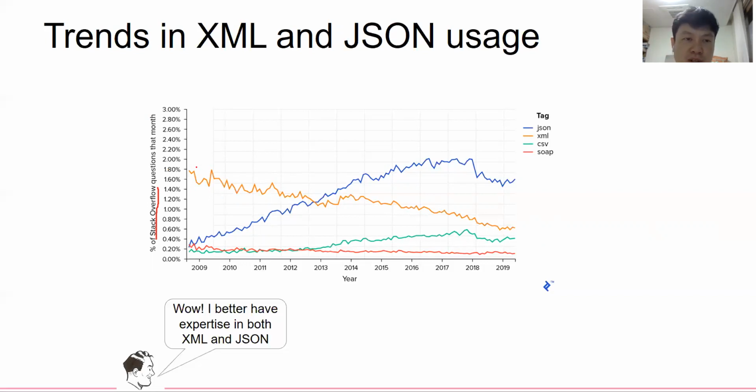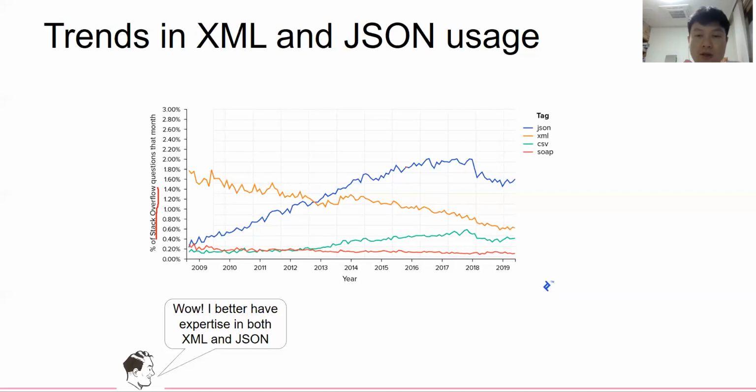So there were many questions related to XML at the first time. Around 2009, 2010, the rising issues of XML was high, but it goes down over time, and as you can see, JSON is rising.